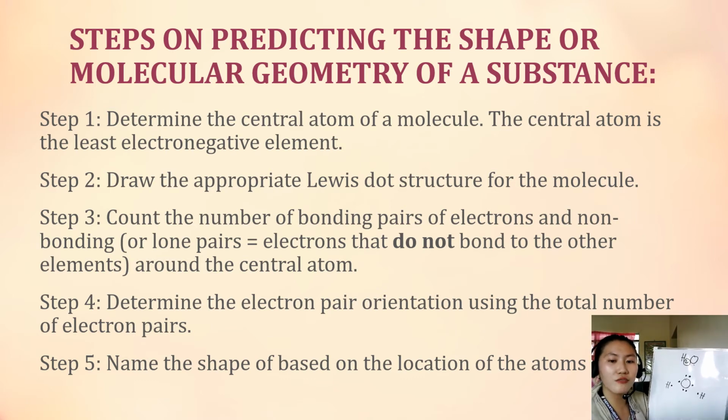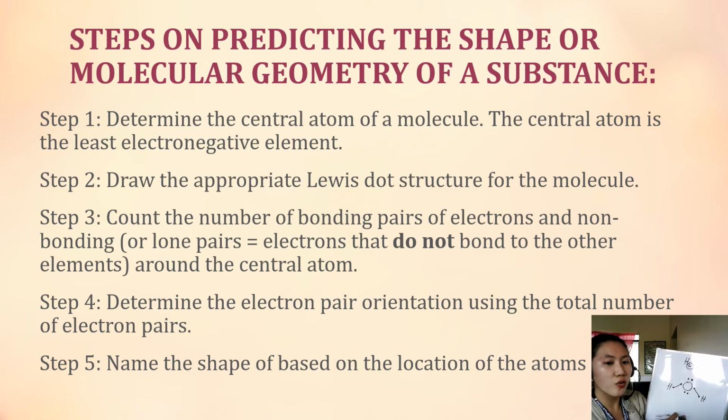Count the number of bonding pairs of electrons and non-bonding or lone pairs around the central atom. Okay, so bonding pairs. So itong electron ni oxygen na walang pares is ibabond or i-connect natin siya dito sa electron ng hydrogen. And then this one as well. So, magiging stable. So, nag-share na sila niyan ng kanilang electrons.